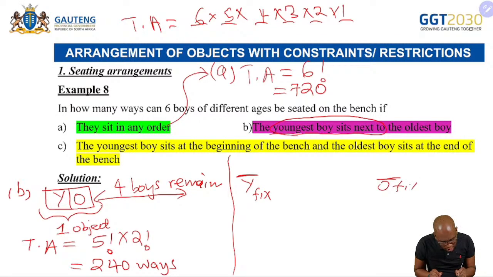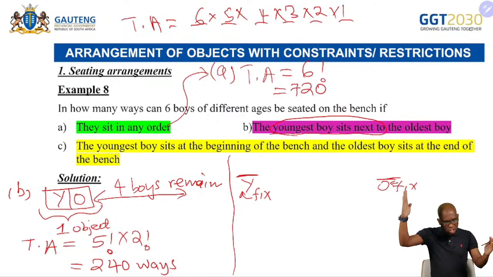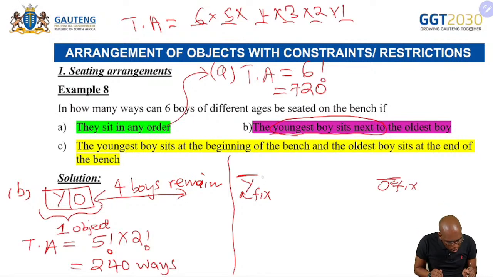He should be at the end of that particular bench. So we're fixing those respective positions because we want the youngest to be in the beginning of the bench and the oldest to be at the end of the bench. Now, how many boys are left?